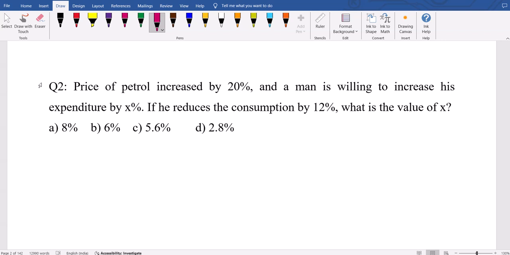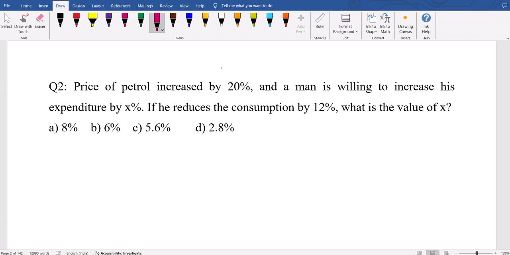If we reduce the consumption by 12%, what is the value of X? When price increases, expenditure will increase. He is willing to increase up to X% only. Then to compensate that, he needs to reduce the consumption by 12%. So what is the value of X?